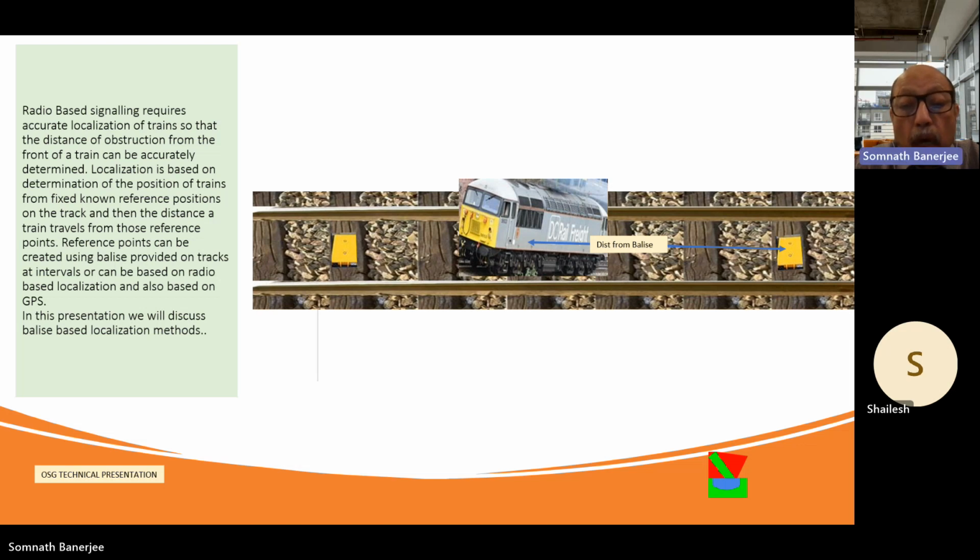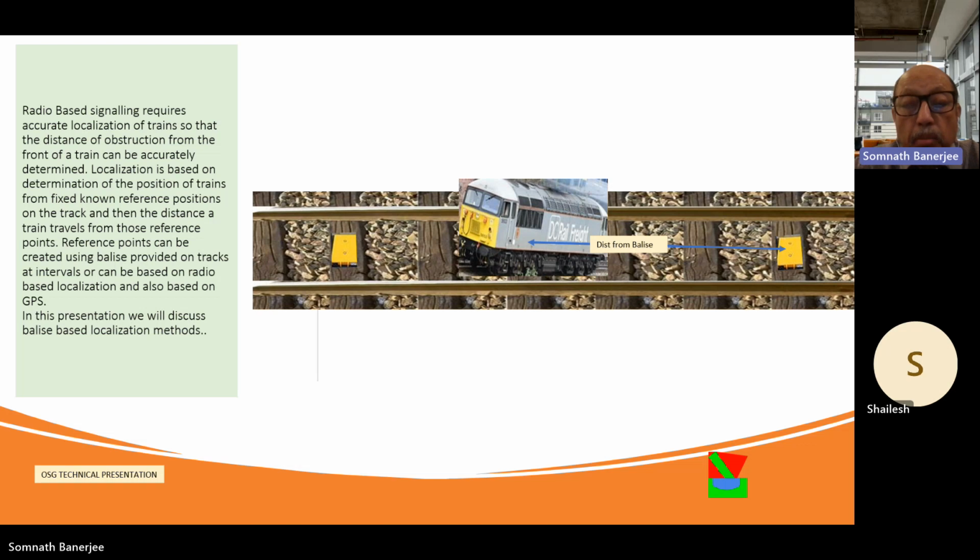The balises are provided at known fixed locations along the track, which are known to the RBC. So, when the train moves over a balise, the balise is powered by the train, and the information in the balise, via the locomotive, via the train, is sent to the RBC.